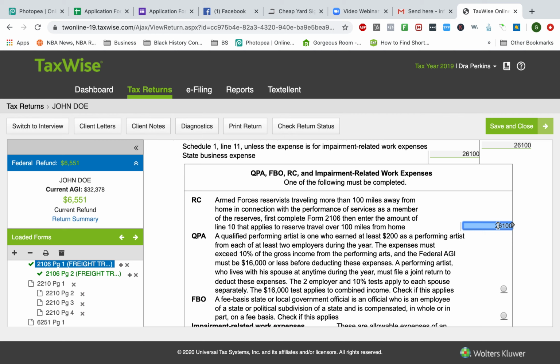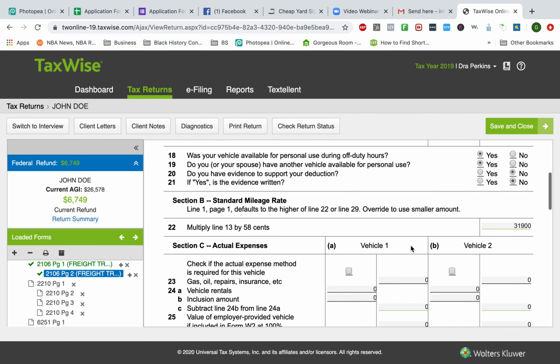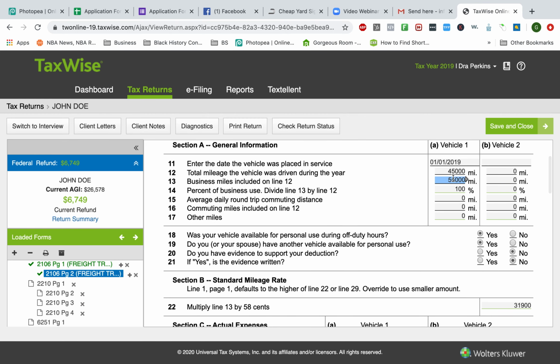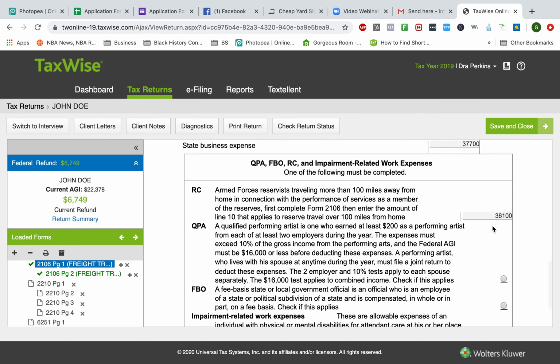Okay. Imagine if we did more. All right. Oh, so yeah, I have to go back to the other page. More than that. Boom. So 37,700.